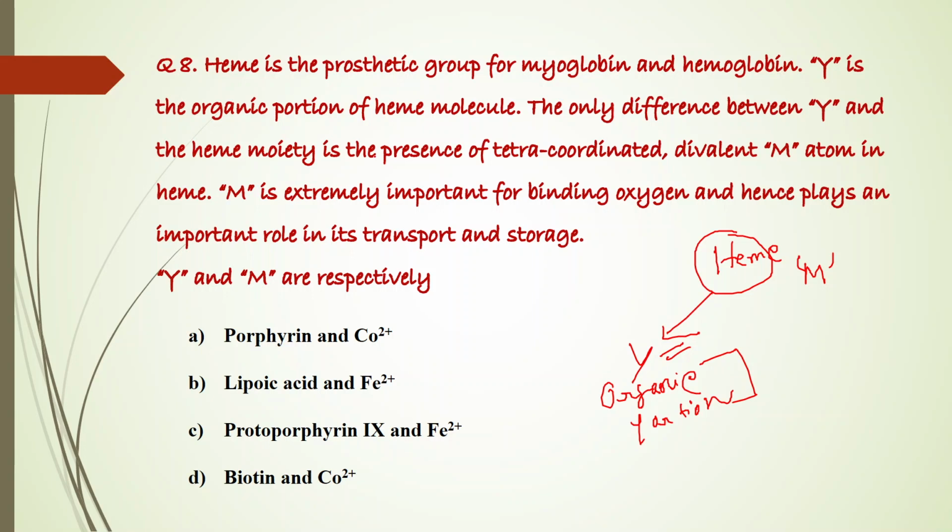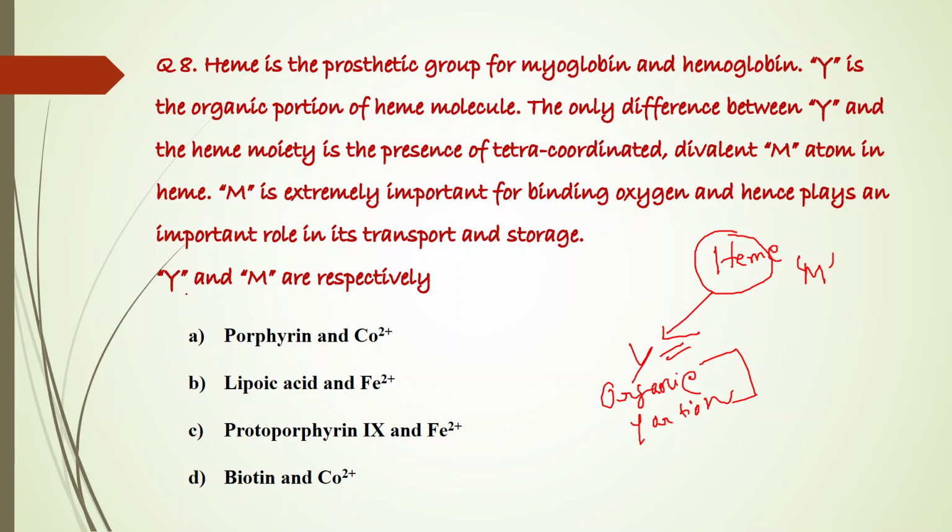Again it states, M is extremely important for binding oxygen and hence plays an important role in its transport and storage. So you basically need to identify Y and M. Y is the organic part. So you are dealing with a holoenzyme where you have an organic part and a non-organic part, or a prosthetic group.